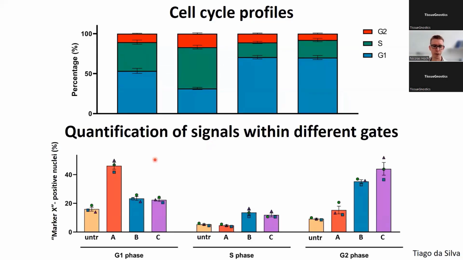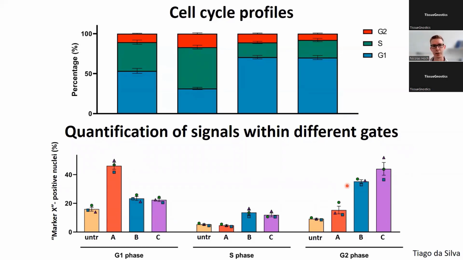So this is an example of an experiment where in the untreated situation, we had a certain amount of marker X here, the biology doesn't matter, and then we treated cells with agent A. And we saw an increase in this marker in the cells that were treated with agent A. But we also saw an increase in the same marker when we treated cells with B and C. And when we averaged out over the whole population of the cells, the induction by A and B and C seemed to be the same, okay?